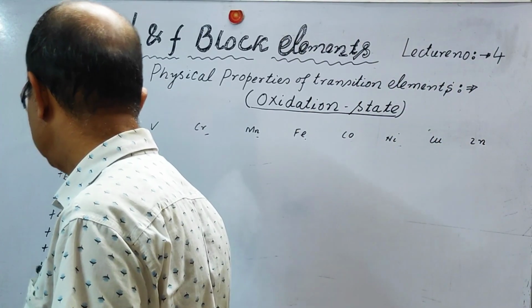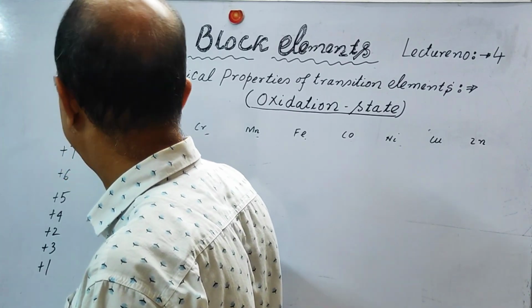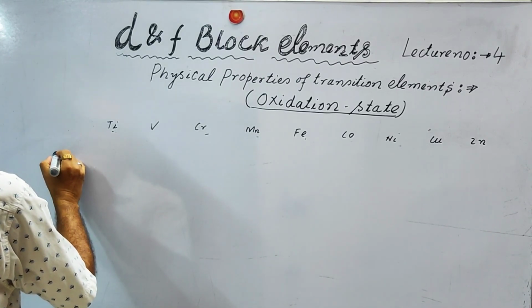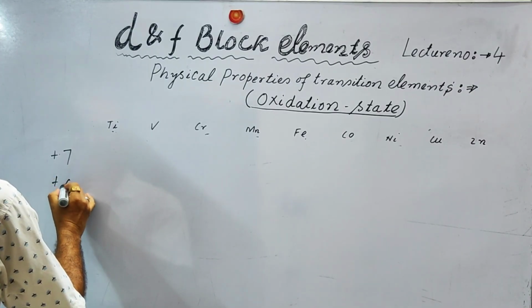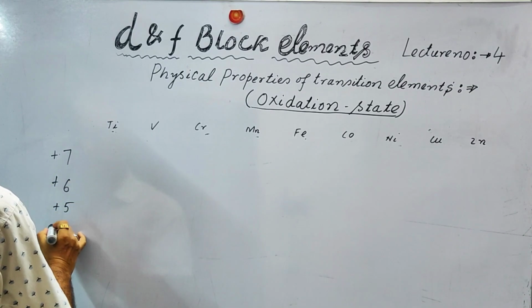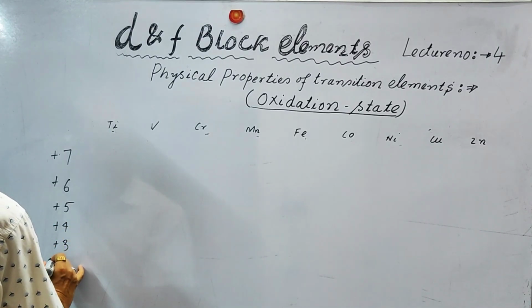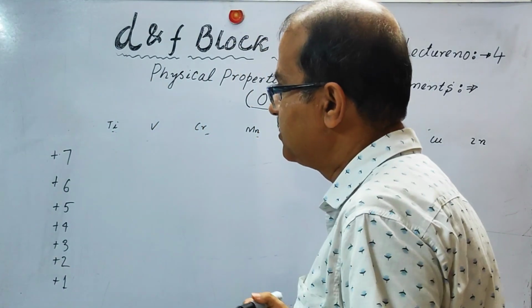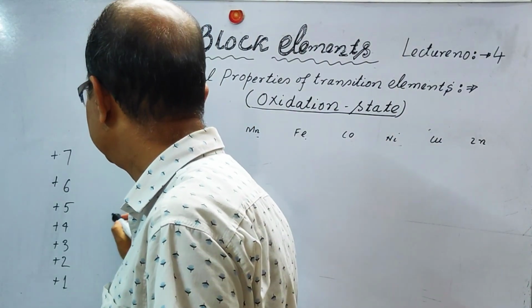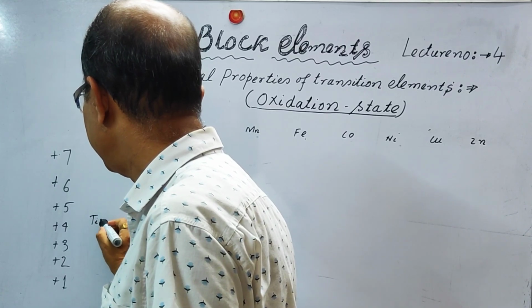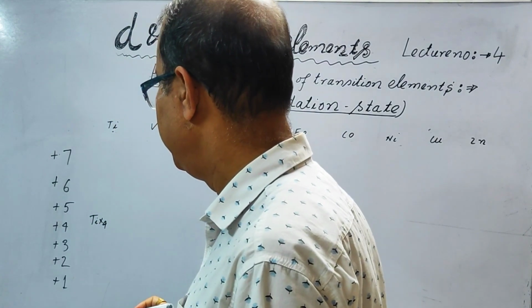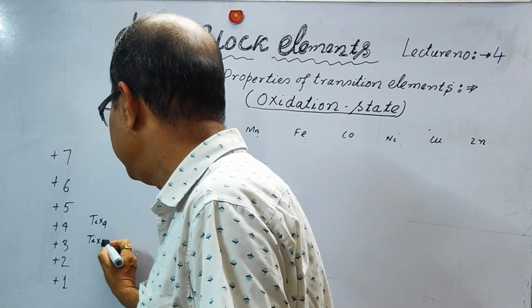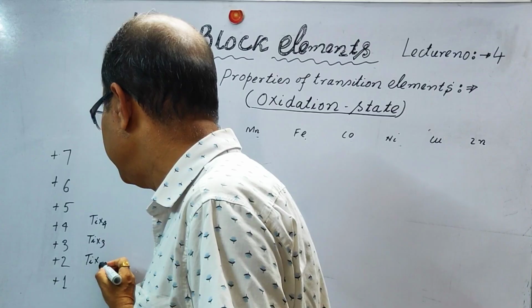For titanium, we know that you will observe the maximum oxidation state in TiX4, the tetrahalide, then TiX3 and TiX2.